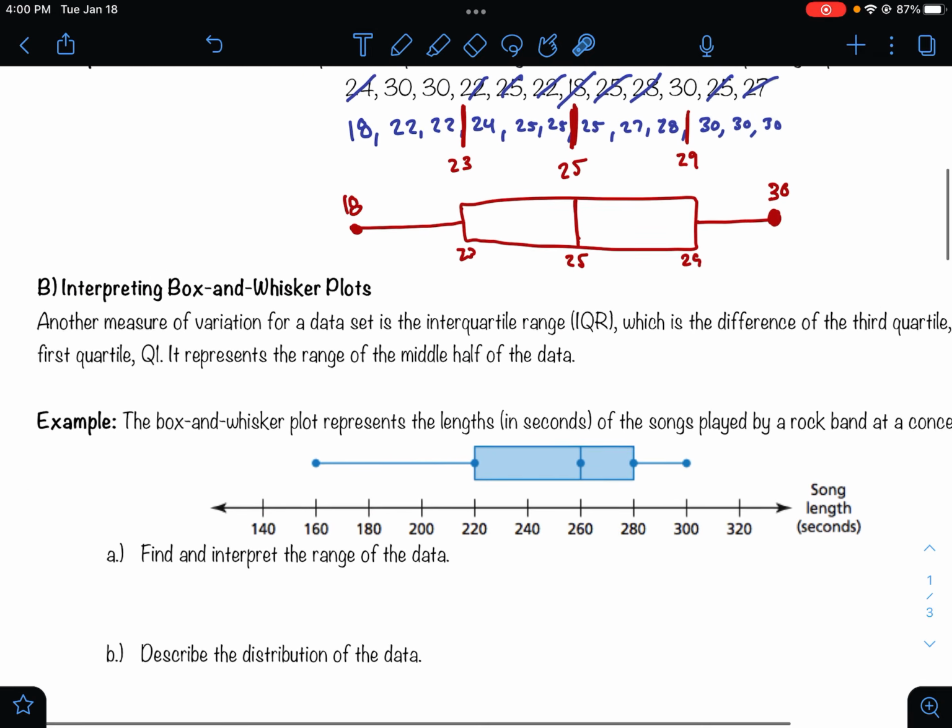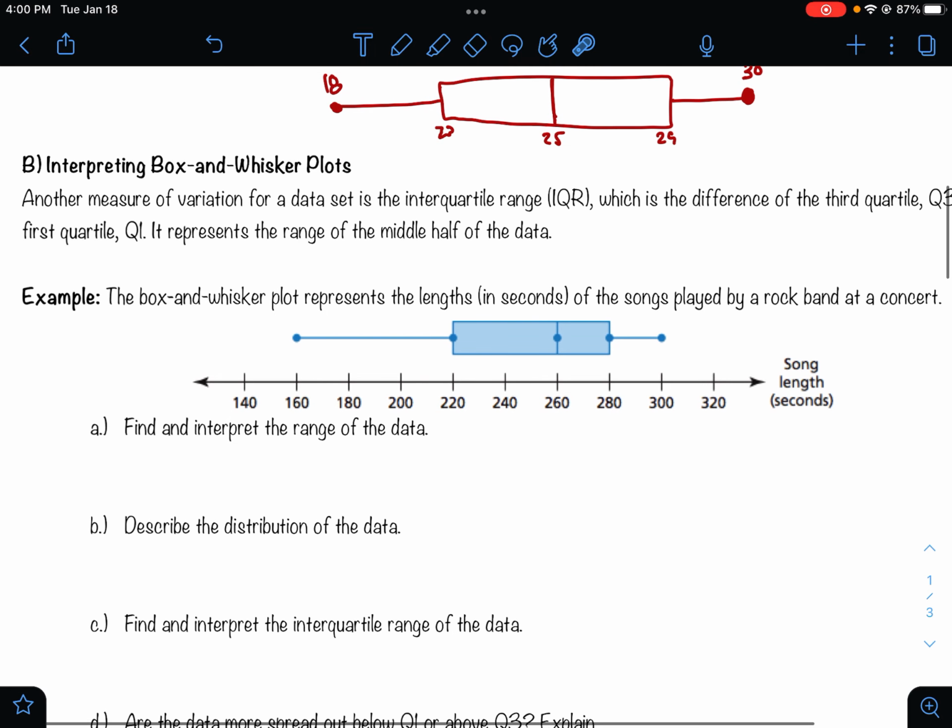The second part of this is going to be interpreting the box and whisker when it's already been given to you. So here's an example of a box and whisker plot of the length of songs played by a rock band at a concert. And so a couple of things that they're gonna ask you to do is to find the range. So obviously we have songs, the biggest song we have, or the longest song I should say, is 300 seconds.